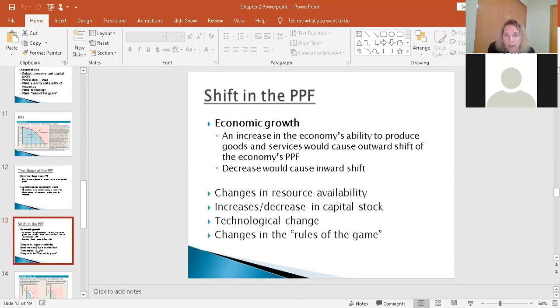Can destroy capital. Actually, it's a great one, Russell, natural disasters. But other than those big things, we would typically see an economy try and increase their capital inventory or their capital stock.